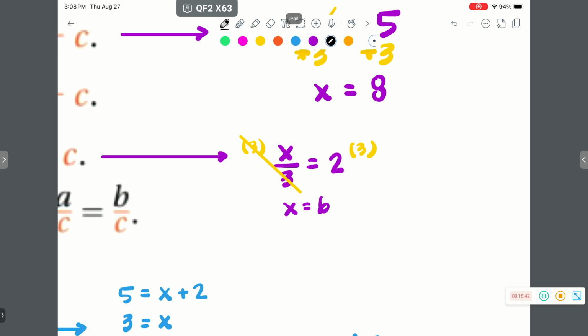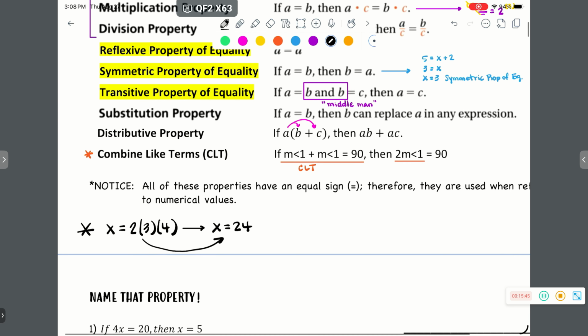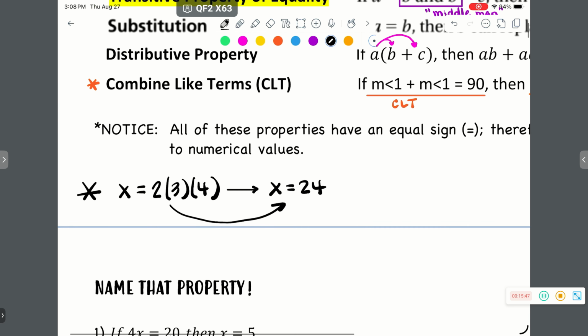That's the multiplication property. I'm not doing that here, right? I also heard somebody say the distributive property. I've had this issue all day today. Please make sure you understand, I will count it wrong if you write the distributive property here. The distributive property is not the same thing as just multiplying, right?